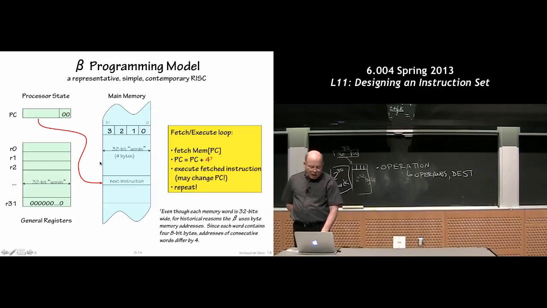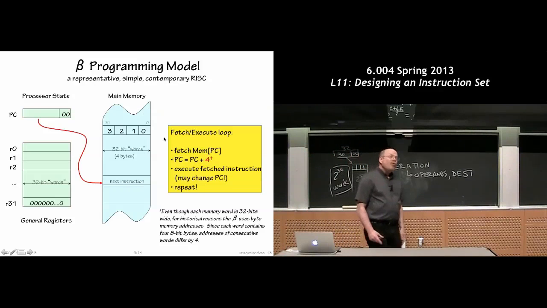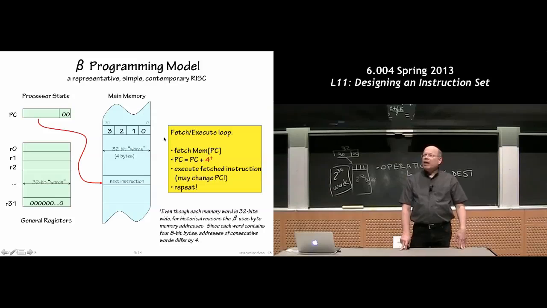We execute: we look at the encoding of the instruction that we fetch. It's actually a 32-bit value that's come back from memory. We look at those bits, and that will tell us what to do, and I'll show you how in just a second. And then we just repeat. And if you do the design project, you'll probably be able to design a piece of hardware that can run one of those operations every 5 or 6 nanoseconds, which will be pretty good.